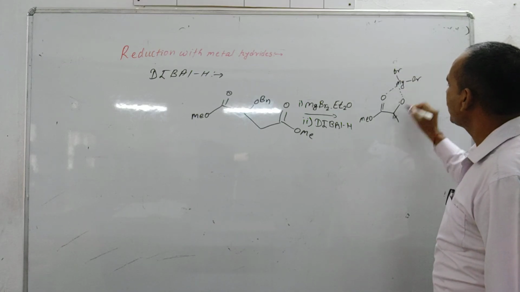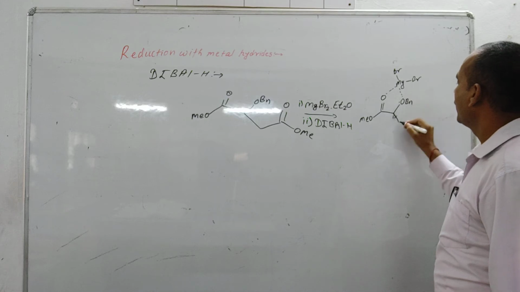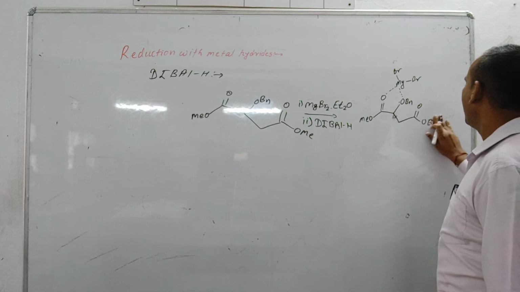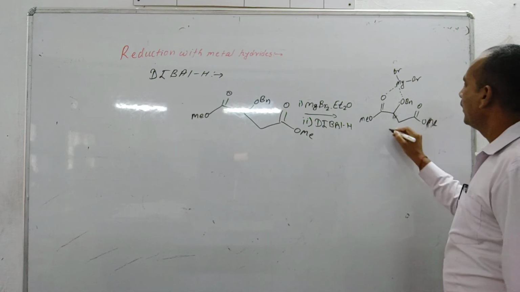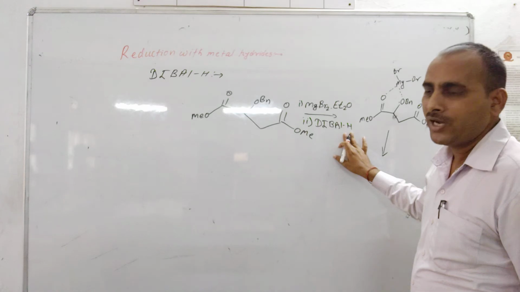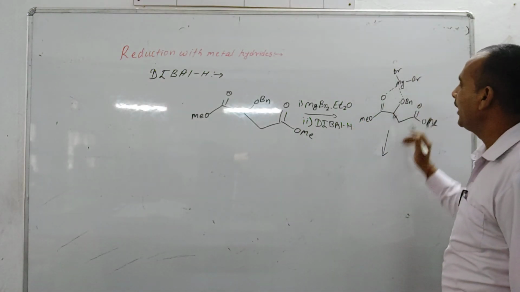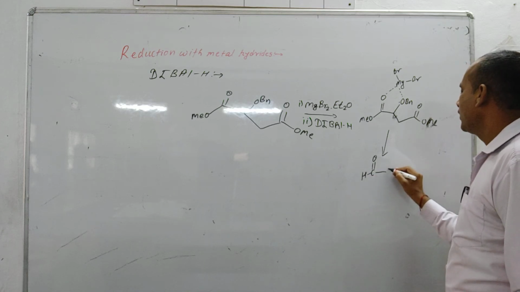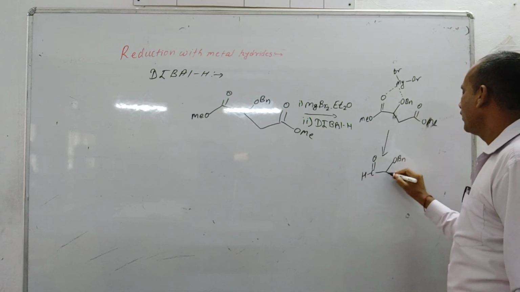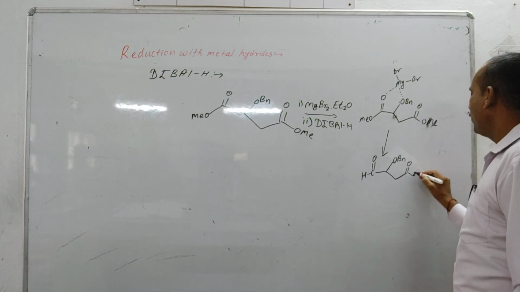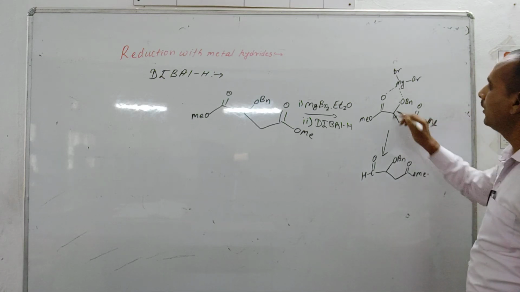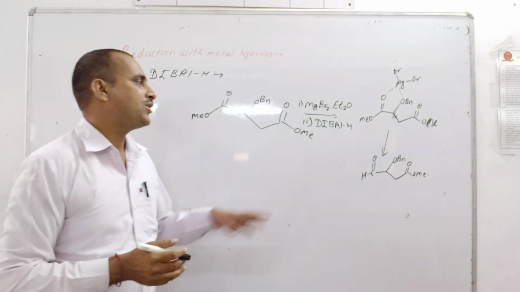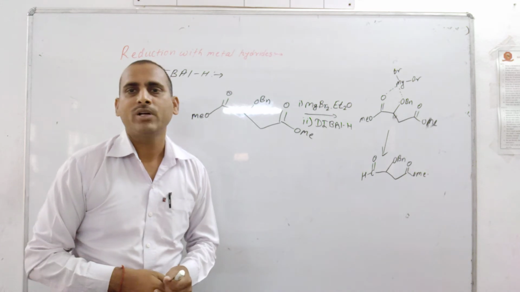So a chelation complex is formed, and then by using diisobutyl aluminum hydride, this chelated complex gets reduced to form the aldehyde, C double bond OH, OBn, C double bond O OMe. Means here the chelated ester group gets reduced by using diisobutyl aluminum hydride.